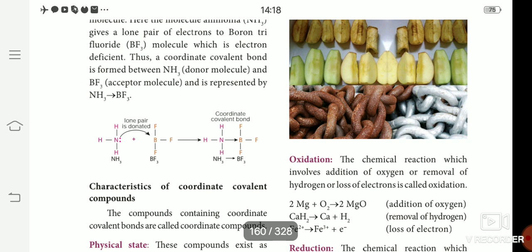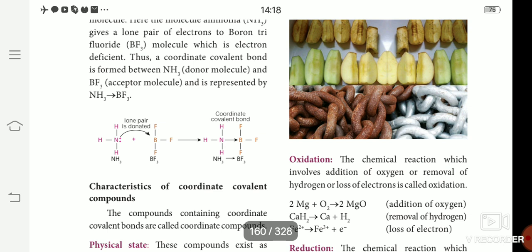Then the electrical conductivity. In this covalent bond, the covalent character gives bad electrical conductivity because there are no charges. Only positive and negative charges make a good conductor. But in these reactions there is only the sharing of electrons, only donating or accepting the lone pair of electrons.